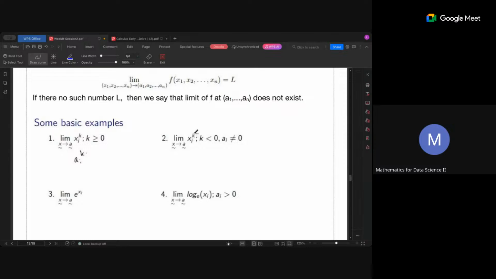This is just the power rule. Yes. So the limit should be just a_i to the power k. What about this limit? e to the power a_i. What about this one? Log of a_i.